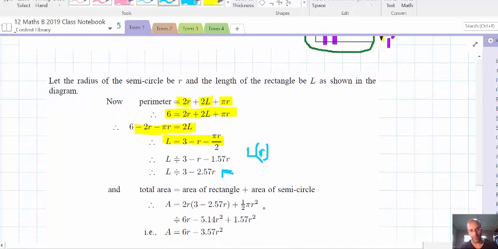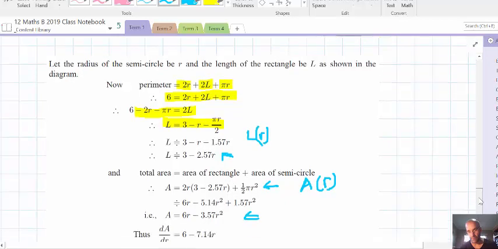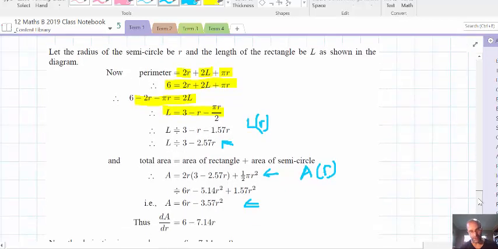So area is the area of the rectangle and the area of the semicircle. So we write an expression down for that. That's A of R. Okay, and simplifying, we get this here.